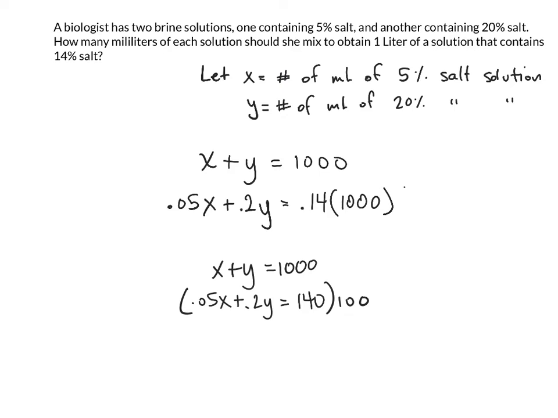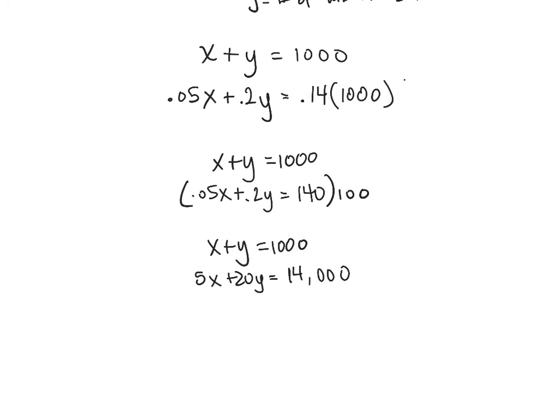So then what I would get is x plus y equals 1,000, and then 5x plus 20y equals 14,000. Okay, so I just did some basic simplification to get rid of the decimals. Now I can look at elimination.